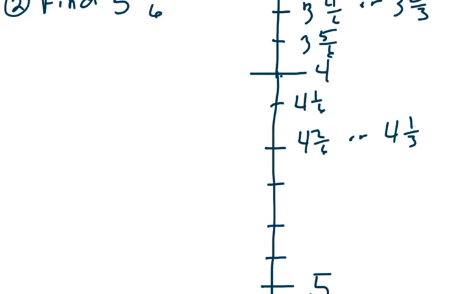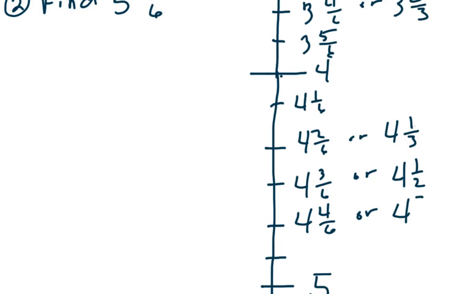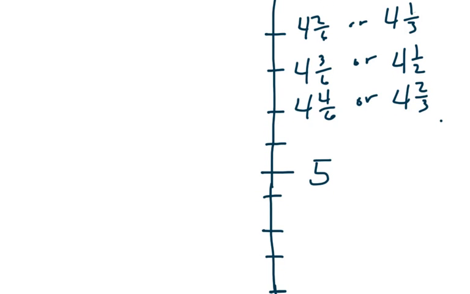Still going through, I label my whole number line. 4 and 3/6, or 4 and 1/2. 4 and 4/6, or 4 and 2/3. Remember, for every 2/3 you have 4/6. Then we have 4 and 5/6. Then we have 4 and 6/6, or 5.